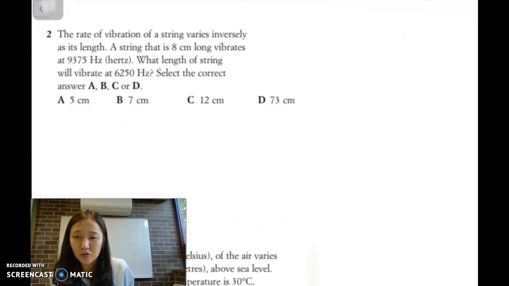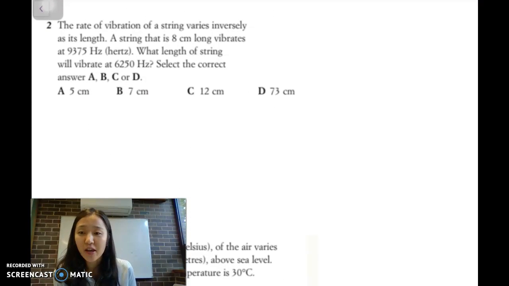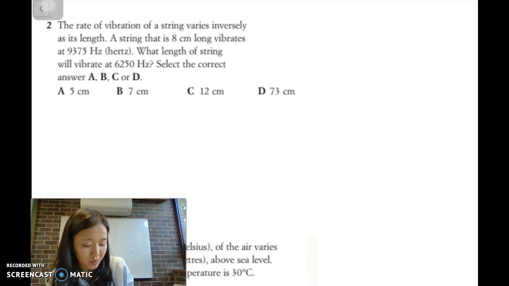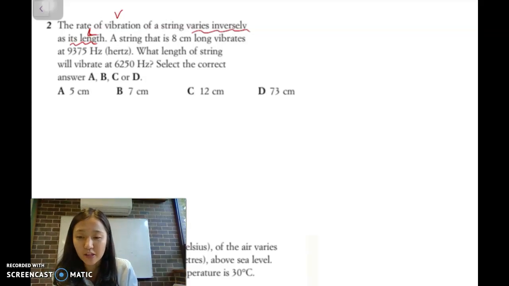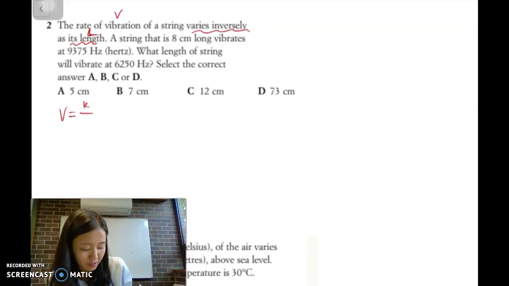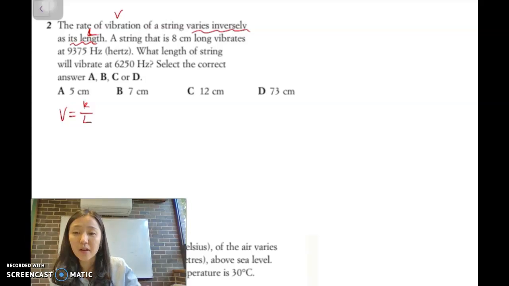But I'm going to start with question 2 here, which says the rate of vibration of a string varies inversely as its length. So we have these two variables, which are inversely related, so we can write that equation down: V is equal to K over the second variable, which is L. In our second sentence, it says a string that is 8 centimeters long vibrates at that many hertz.